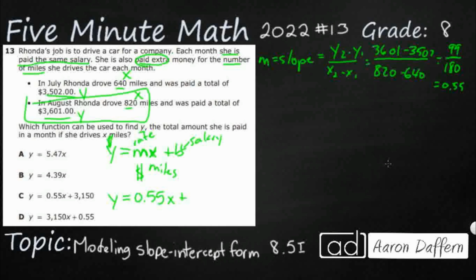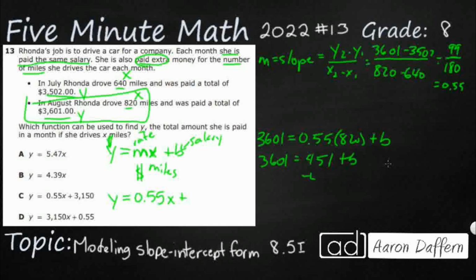Let's plug it in. So I'm going to substitute 3601 equals 0.55 times my 820 plus b. And you know what? I can isolate that variable. So let's see what 0.55 times 820 is going to give me. That's 451. So 3601 is going to equal 451 plus b.